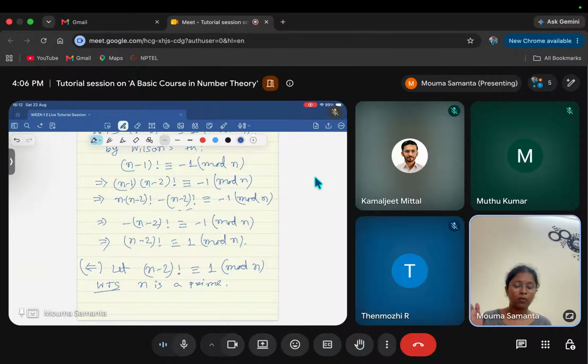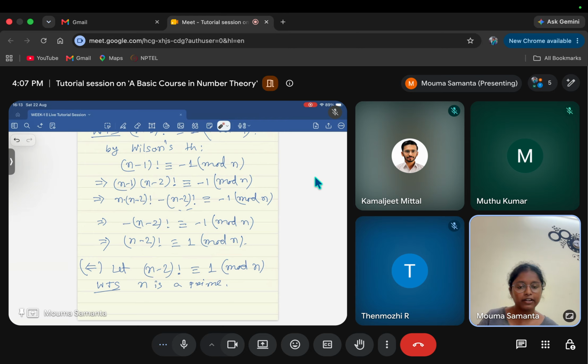Either 1 and n is the only divisor, I mean, we have to find the set of all divisors of n to show that n is a prime. But this is much complicated, to find all the divisors of n from this one condition only.